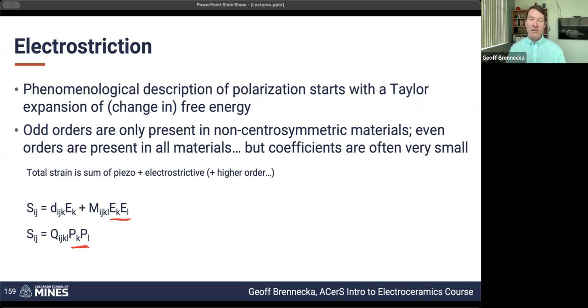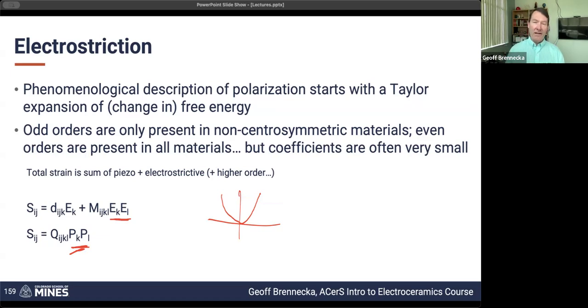But for these relaxors and other materials that have a really, really high polarizability, really high permittivity, you can actually start to get significant contribution from this quadratic effect. And what that means is that when we apply an electric field, the strain that we get is always positive. So even when we apply a negative field, we still get a positive strain.